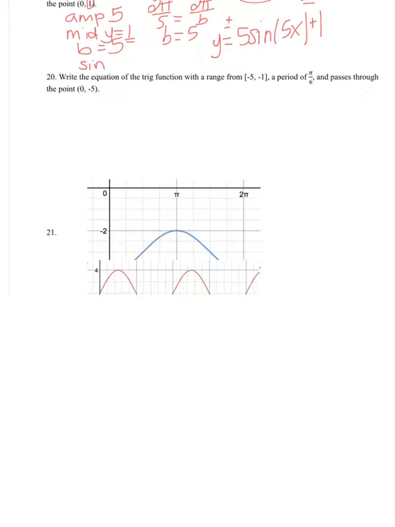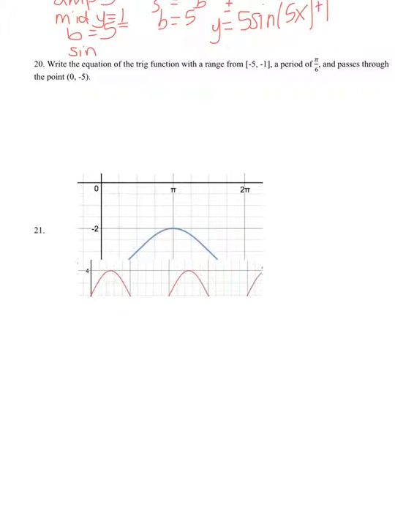Number 20 is the same idea. So number 20, the midline. If I do -5 plus -1 divided by 2, that tells me that my midline, the number that's in between -5 and -1, is going to be -3.